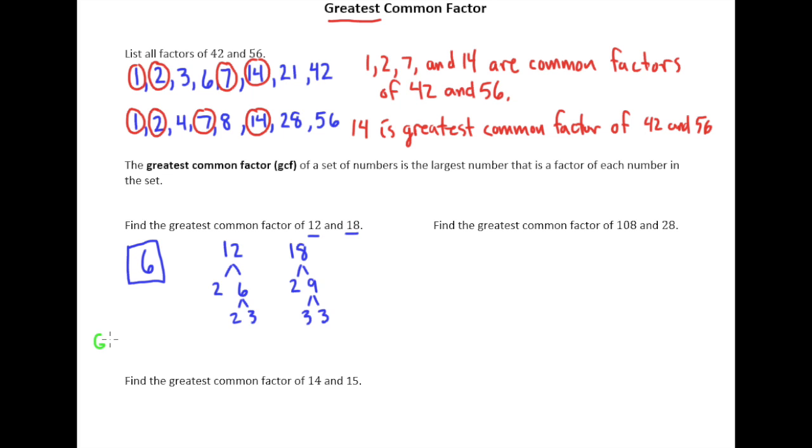The greatest common factor is the product of all factors that are common to each prime factorization.